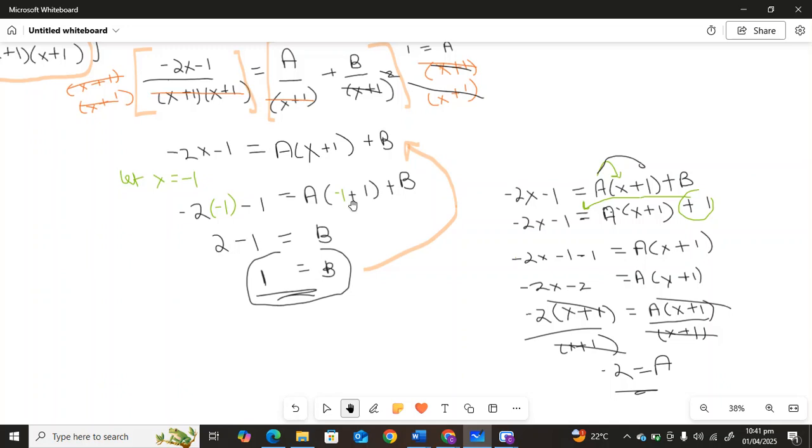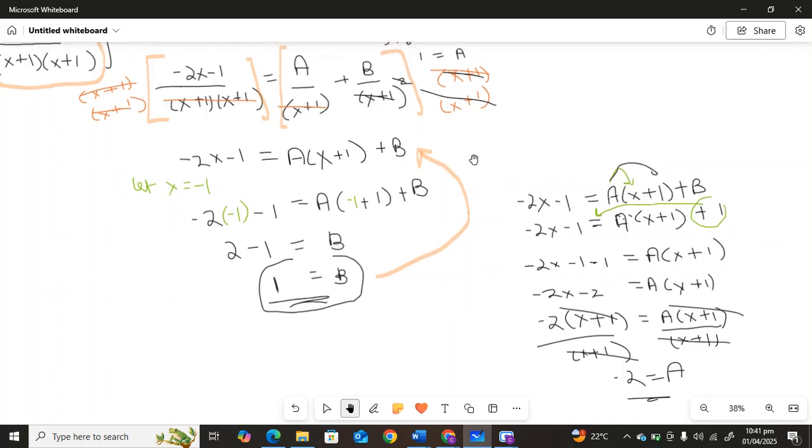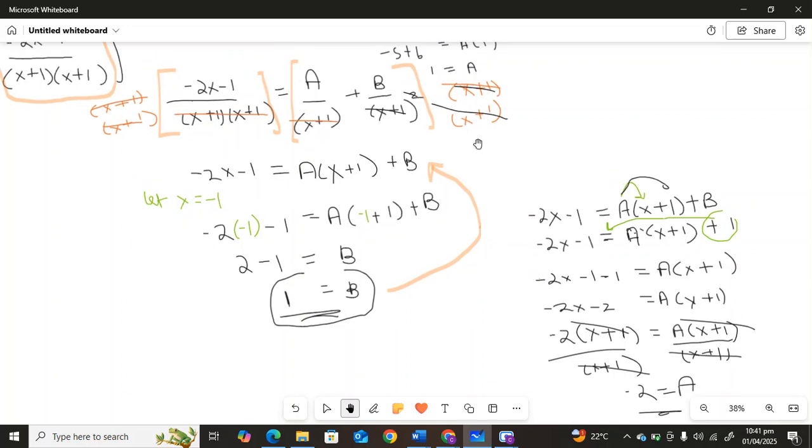There are many ways of solving it. Okay, many ways of solving these things. But once you reach a stage like this, and you've got two variables, just look how can I get rid of one. Once you get rid of the other one, you get the value.